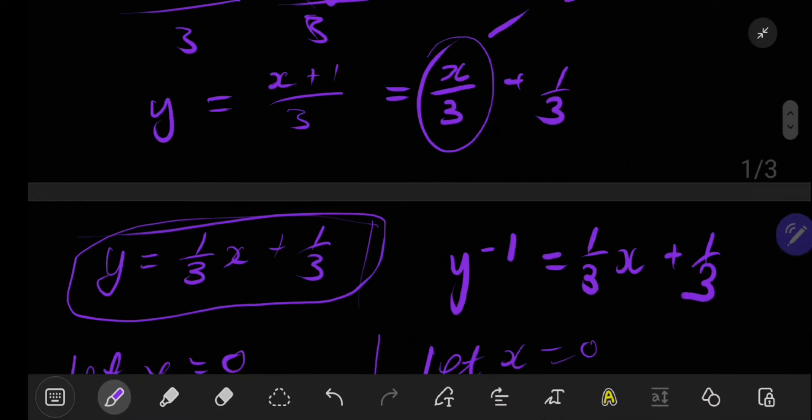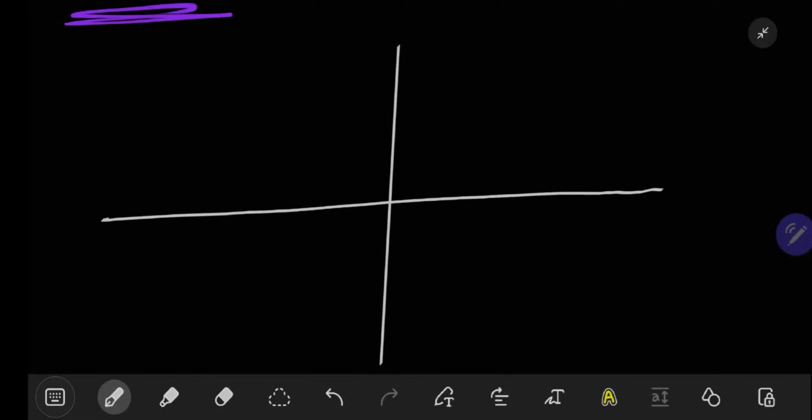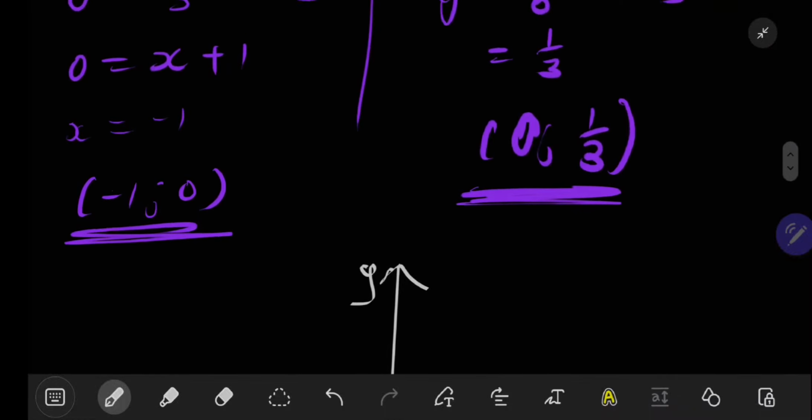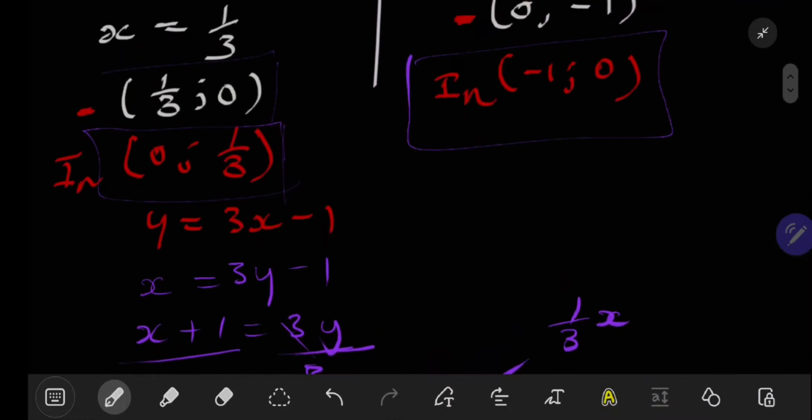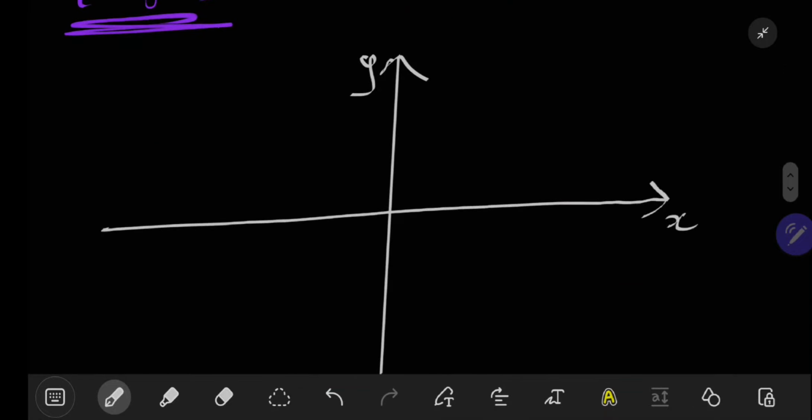So if we were to sketch the two graphs on the same set of axes, we're going to have something like this. So these are our x and y axes. The original points were (1/3, 0) and (0, -1).